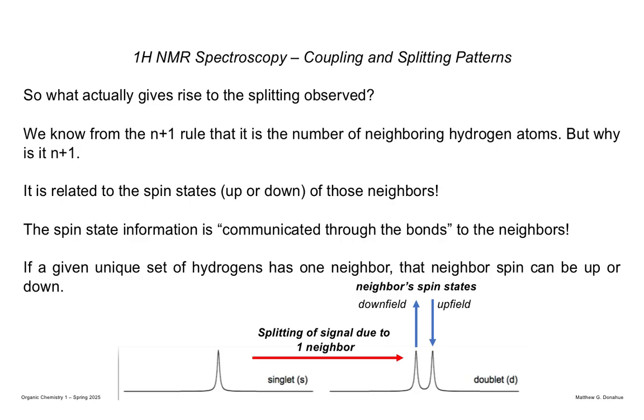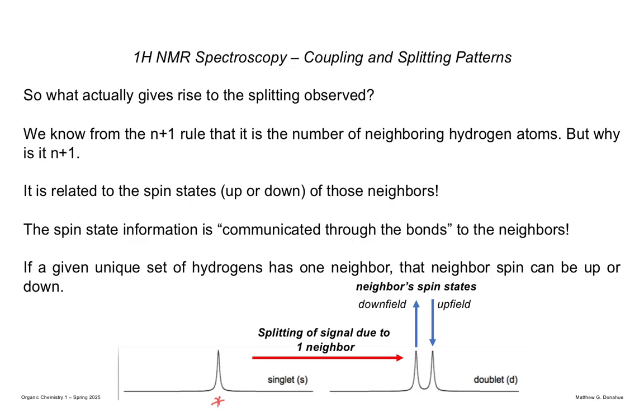So if your signal of interest, that's what we're looking at here, has one neighbor, what happens is that signal gets split by the spin states of that one neighbor. The one neighbor has 2 spin states, up or down.